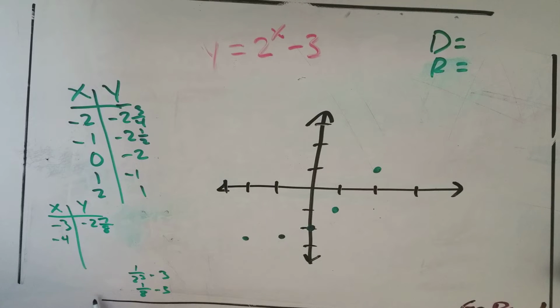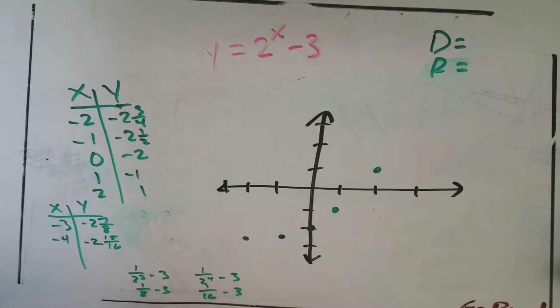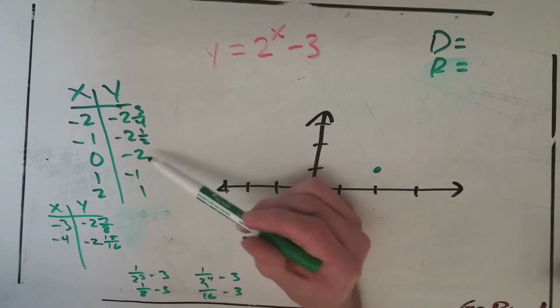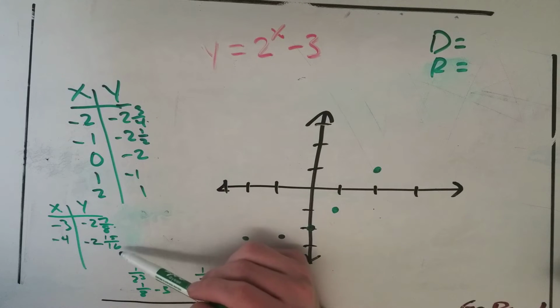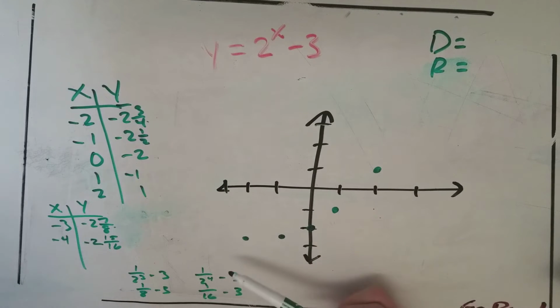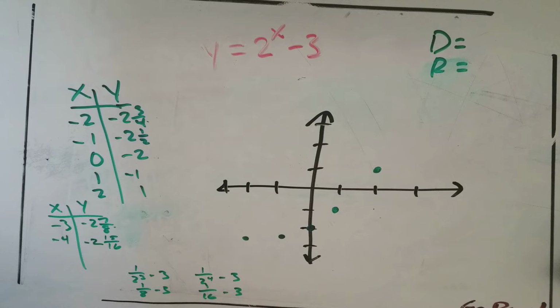If we did negative 4, we would have 1 over 2 to the fourth minus 3, which is 1 over 16 minus 3, which is negative 2 15/16. Notice a few things actually. Your denominators go 2, 4, 8, 16. Those are your 2 to the first, 2 to the second, 2 to the third, 2 to the fourth, well, 2 to the negative of all those because you're in the denominator, which is what we had.